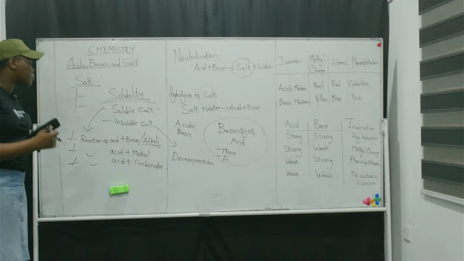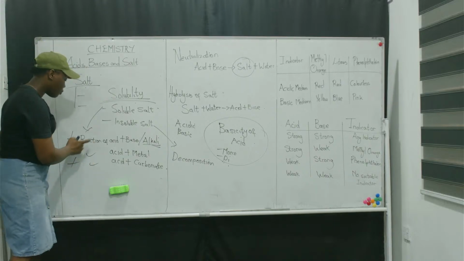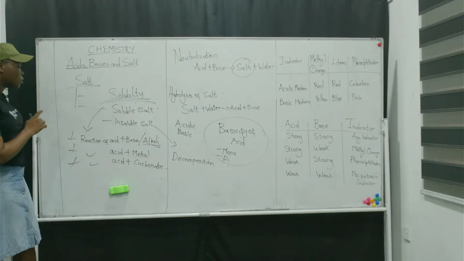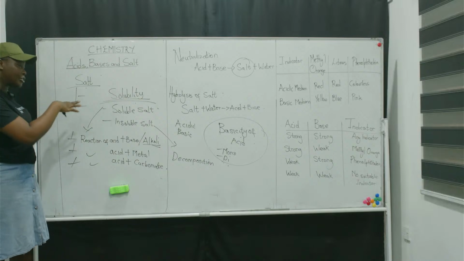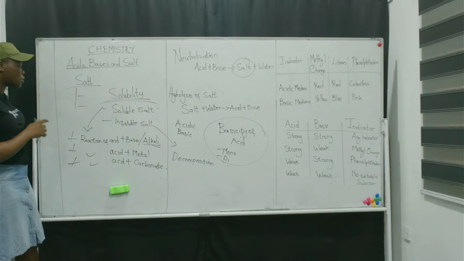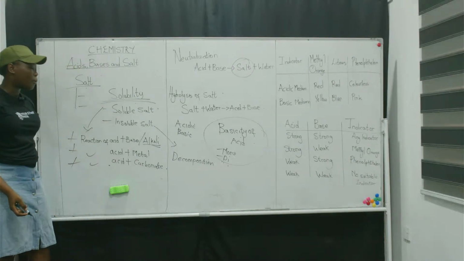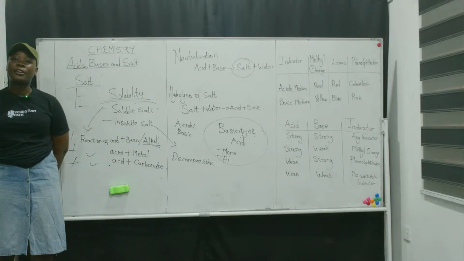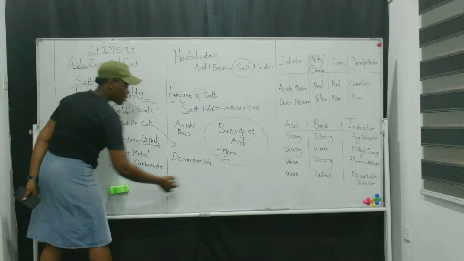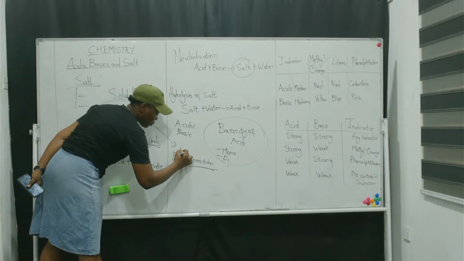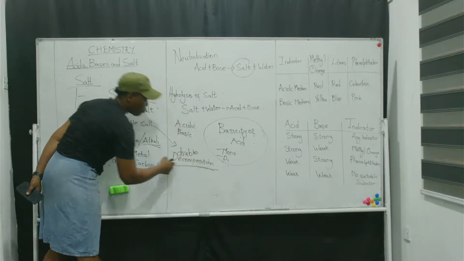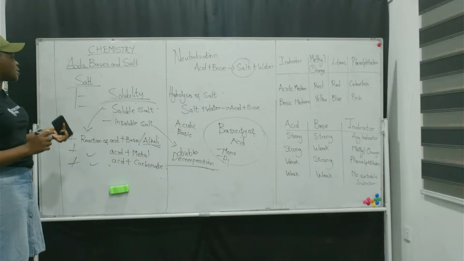Okay, let me wait, we'll come back to the question that addresses this. So soluble salt: reaction of acid and base, acid and metal, and acid and carbonate, while insoluble salt is by double decomposition. So that is that about that.